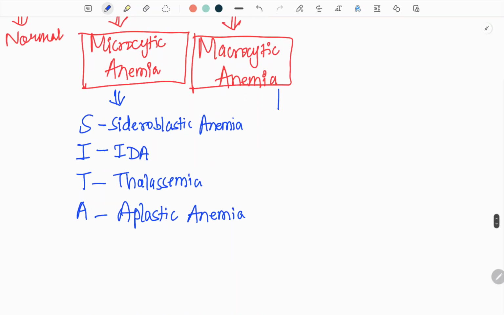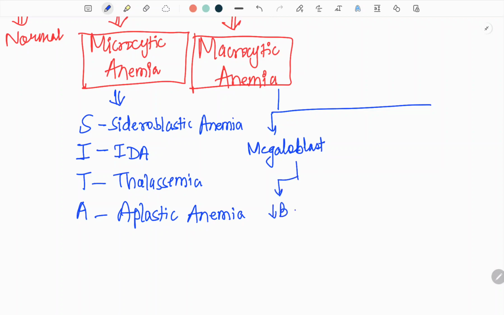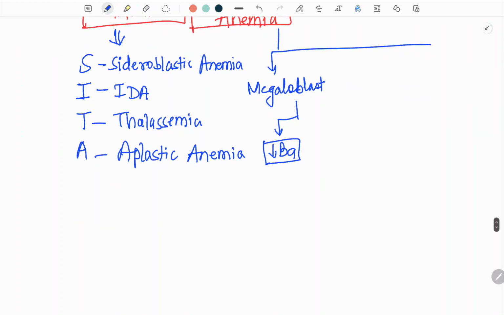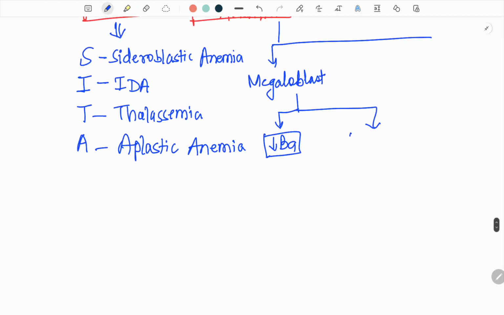Then in macrocytic anemia, if on peripheral blood smear you find megaloblast, then look for whether B9 level is low or whether vitamin B12 level is low. Here you will also check for methylmalonic acid and all.